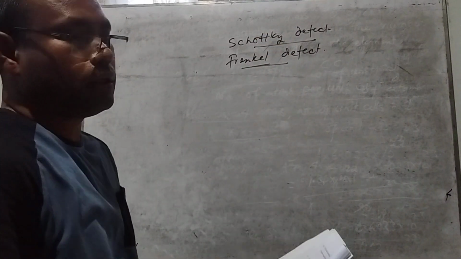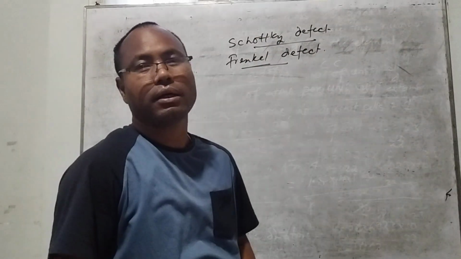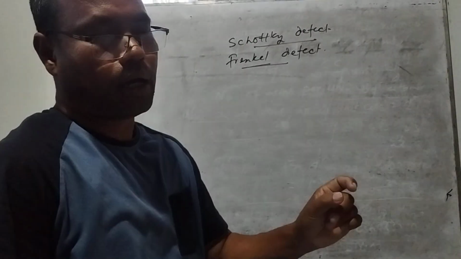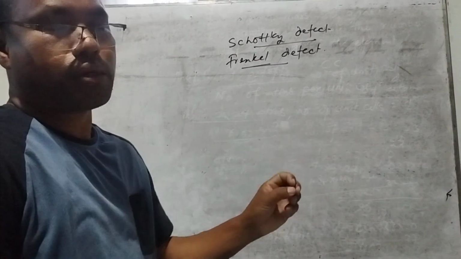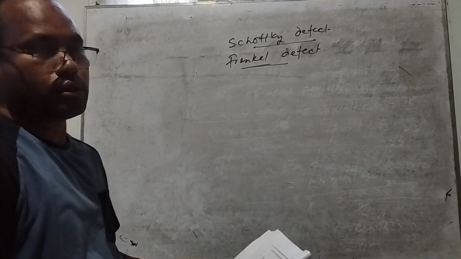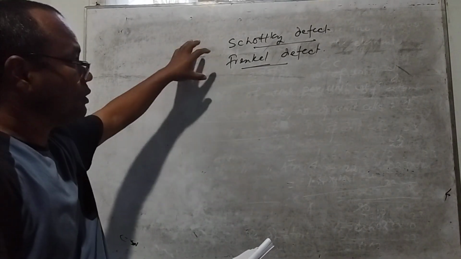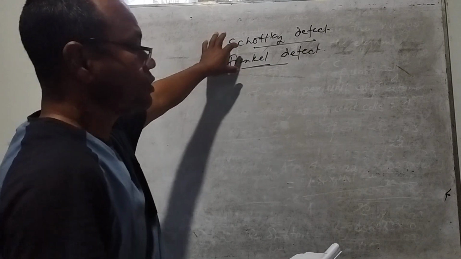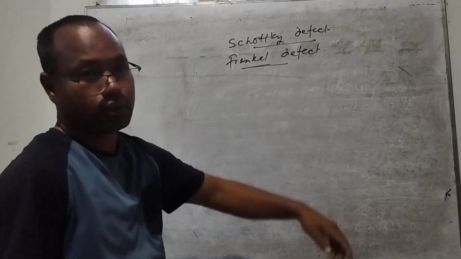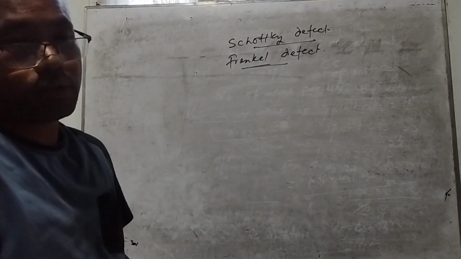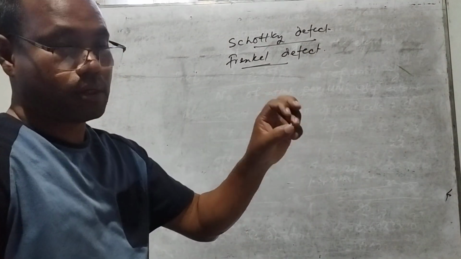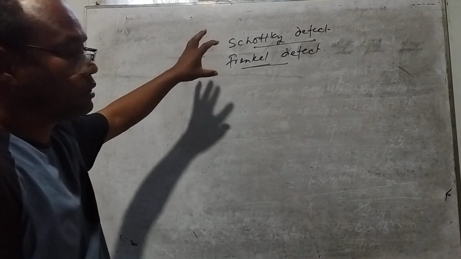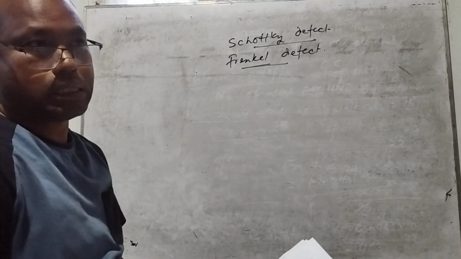So in Schottky defect, equal numbers of cations and anions are missing from their lattice sites. That type of defect we call the Schottky defect. Then in a Frenkel defect, one of the cations is missing from its lattice site and occupies the interstitial site. So what about the density here?